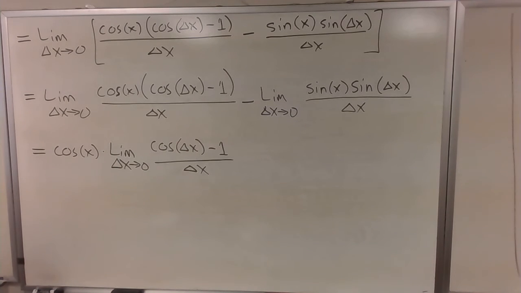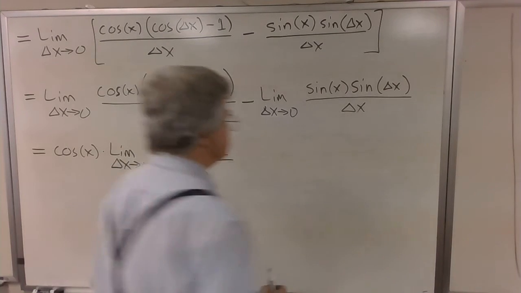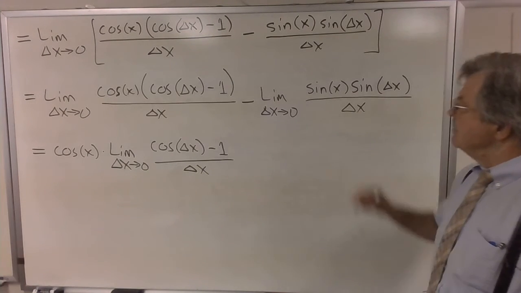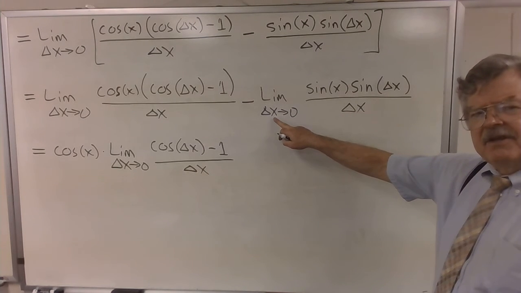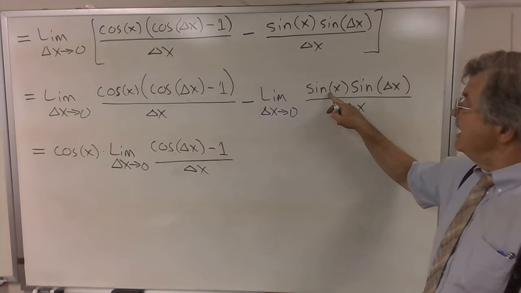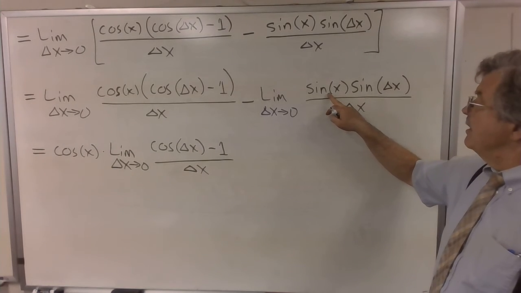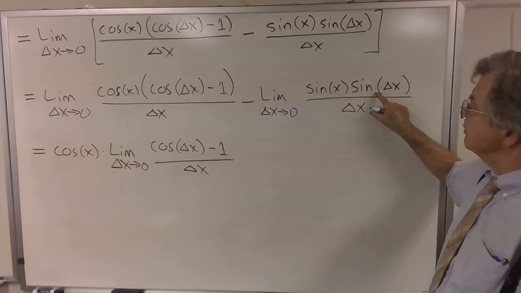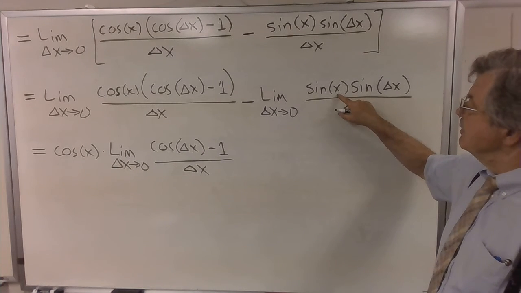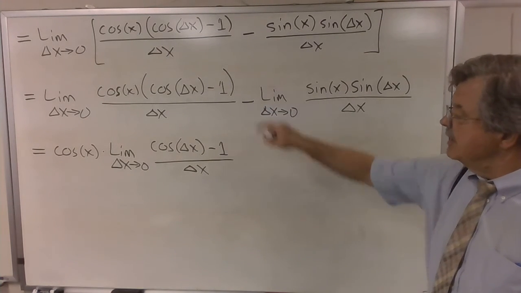Ooh, that looks good. That looks very good. I'm going to do the same thing here. With respect to delta x, sine of x is a constant. So I have the constant sine of x times this function. I'm just going to bring the sine of x out in front of the limit sign.